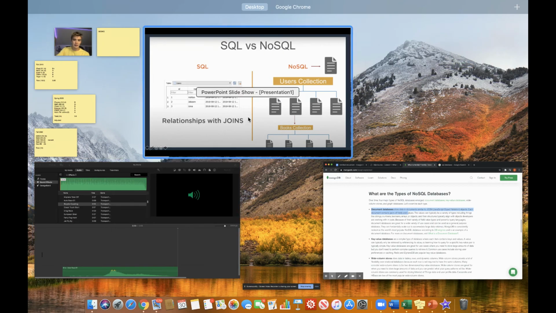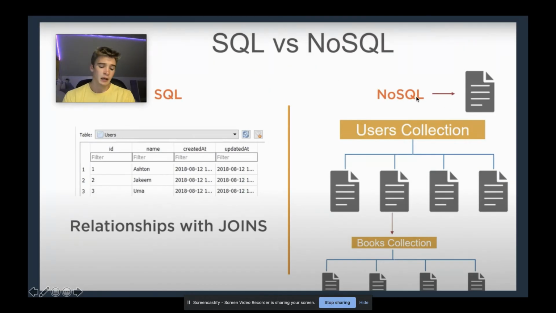Looking at document databases, as you can see here, it's a little bit different than standard SQL because in a document database, all the data is stored within a document. Let's say you have a user who needs to see a specific topic. NoSQL would be useful there because you're able to assign data to these documents and then branch out within that.